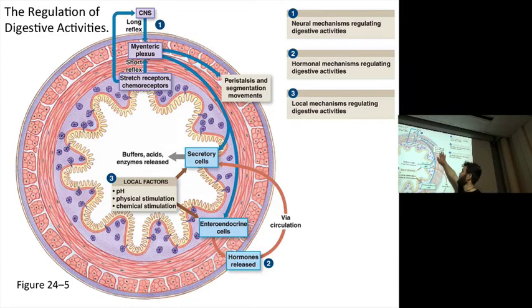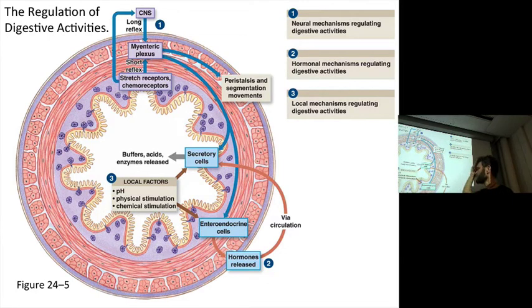This myenteric plexus will trigger peristalsis, segmentation movements. So you have this big dinner, and you're going to break it up into manageable bits as it's moving through the GI tract, and then it's going to feed into these other mechanisms.